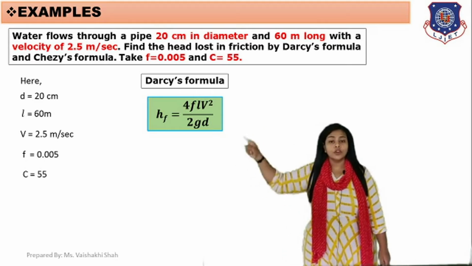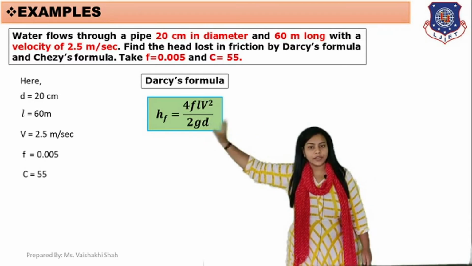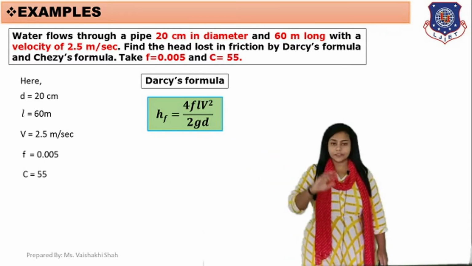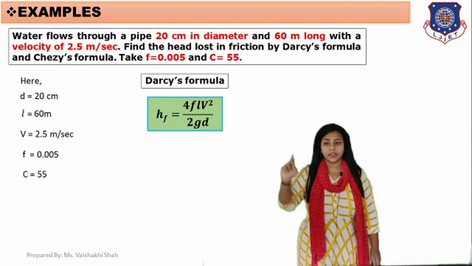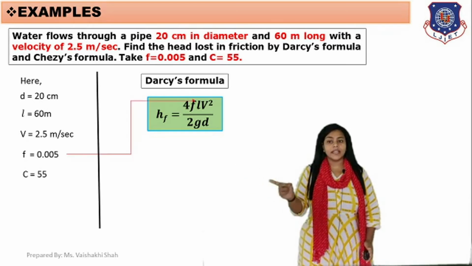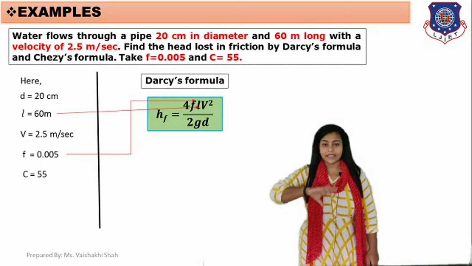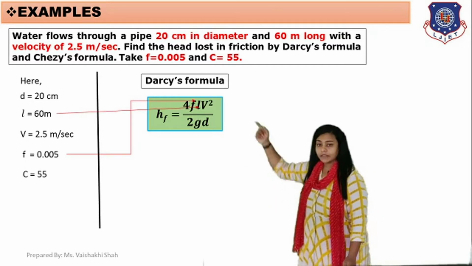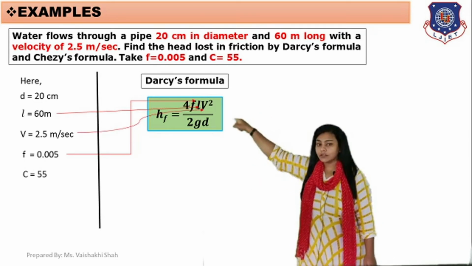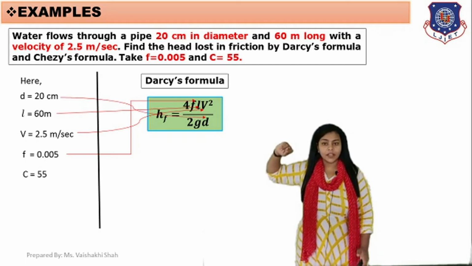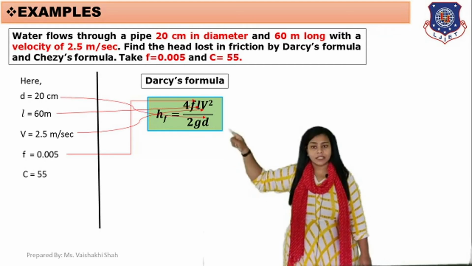Now 4 is a constant number. f is the friction factor, and its value is already given in the data, 0.005. L is length, which is also given here, 60 meter. What is V? Velocity, which is also in this equation, 2.5 meter per second. D is the diameter of the pipe, 20 centimeter, which is also given here.